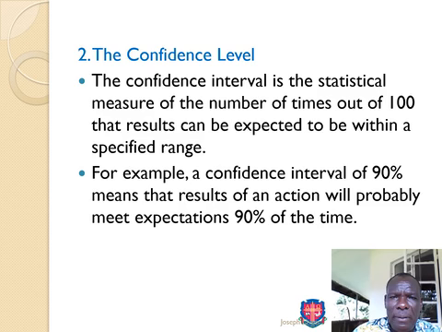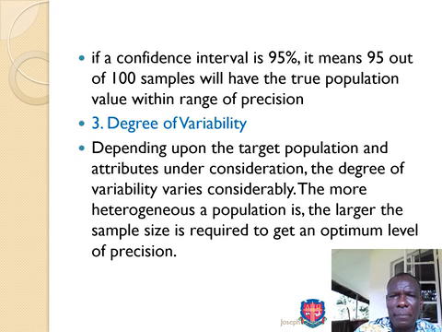For example, a confidence level of 90% means that results of an action will probably meet expectations 90% of the time. If a confidence level is 95%, it means 95 out of 100 samples will have the true population value within the range of precision.